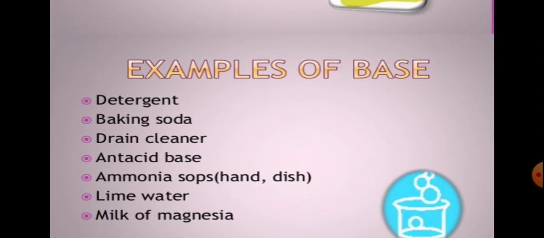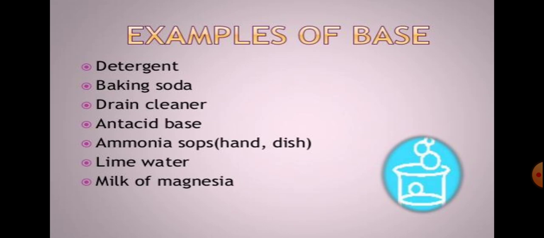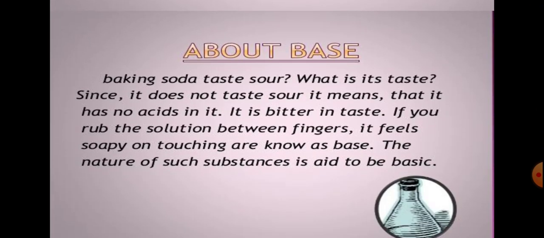Some examples: detergent, baking soda, drain cleaner, antacid, ammonia, soaps, lime water, milk of magnesia. These are examples of bases.